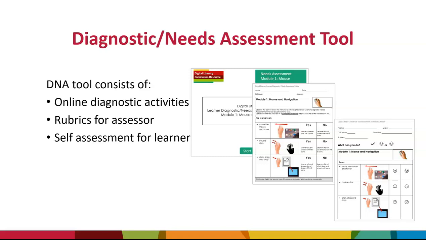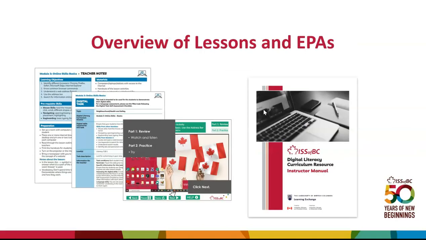The DNA tool consists of online interactive diagnostic activities, rubrics for the assessor, and self-assessment for learners. The Diagnostic Needs Assessment gives coaches, teachers, and programs a starting point for teaching digital skills. So let's have a look at the Digital Literacy Curriculum resource itself.